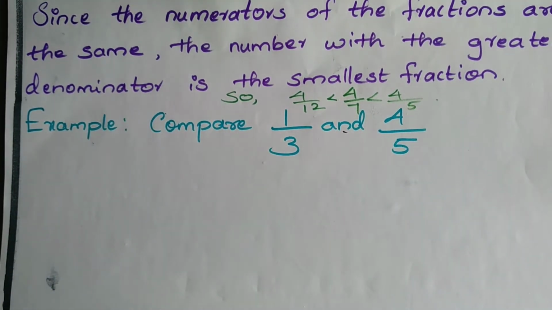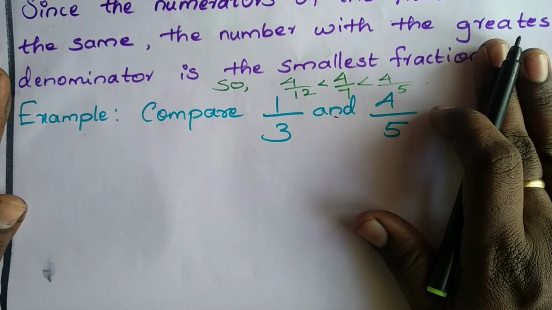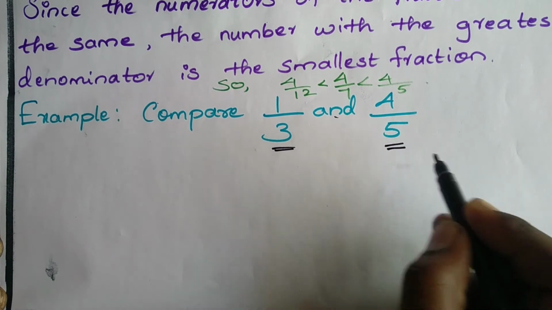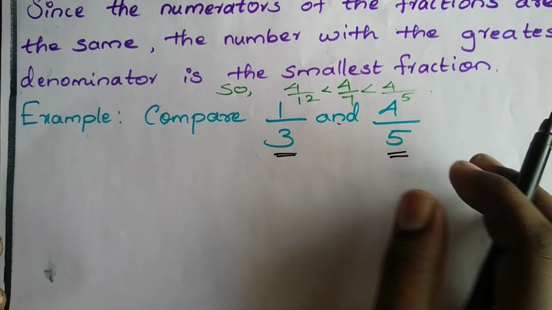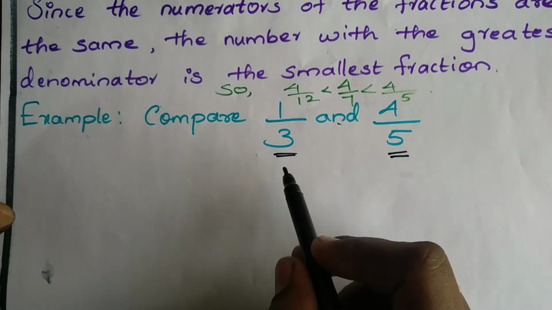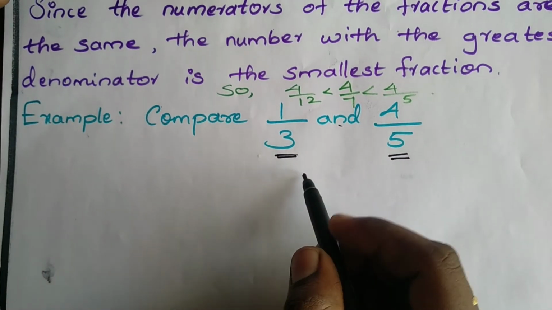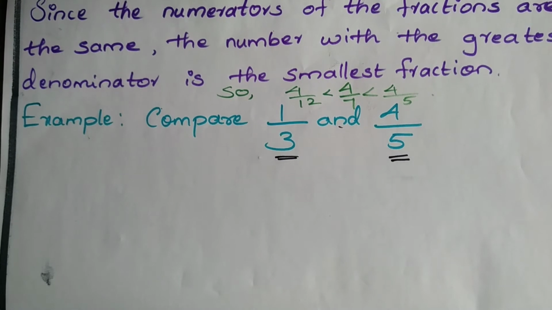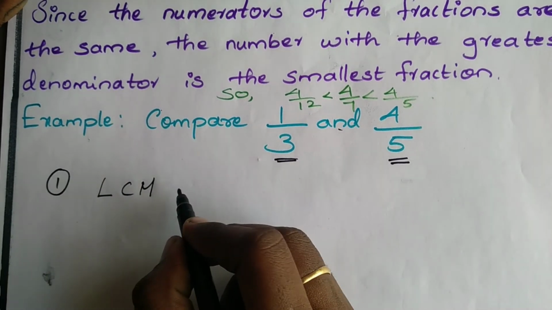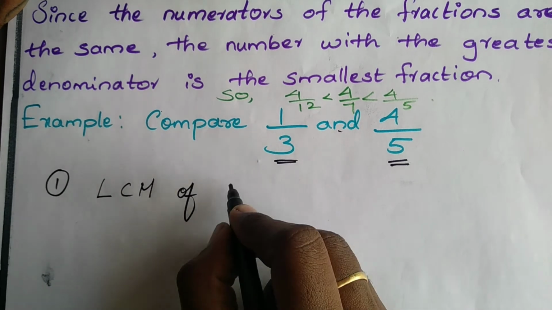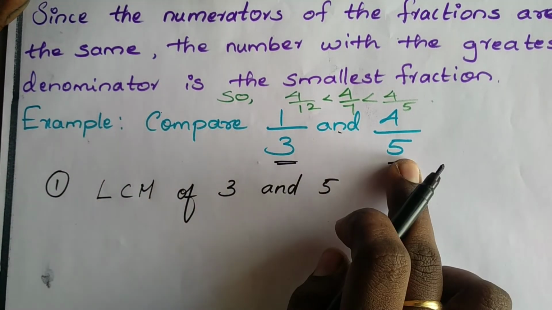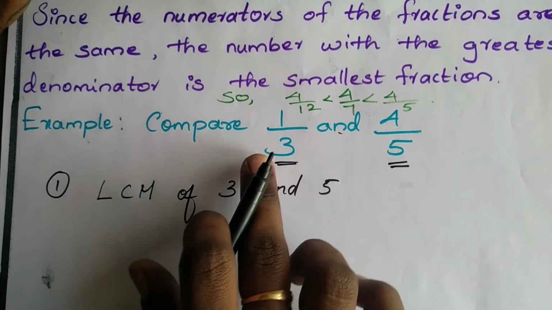First, we want to convert this into like fractions. Here the denominators are 3 and 5, so make them the same and convert the unlike fractions into like fractions. For that, our first step is to find the LCM, the lowest common multiple, of 3 and 5. The LCM of the denominators.